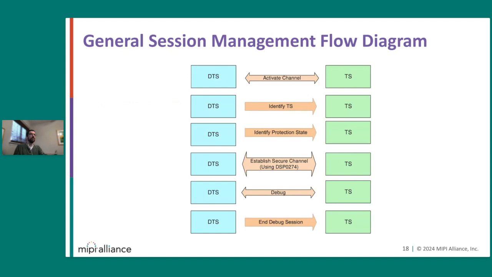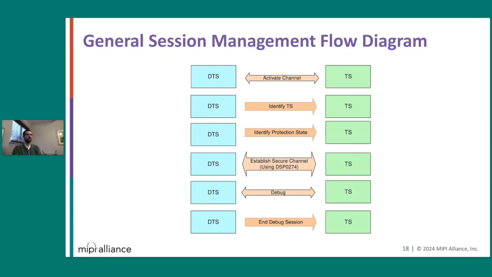And the general management flow diagram between the DTS and TS: the channel is activated, just the normal debug channel one would establish in any of our debug over transport specifications. The DTS needs to identify the TS and identify the protection state to know if the TS requires a secure session, or maybe the DTS wants to establish a secure session, and the DTS needs to ensure that the TS supports that.